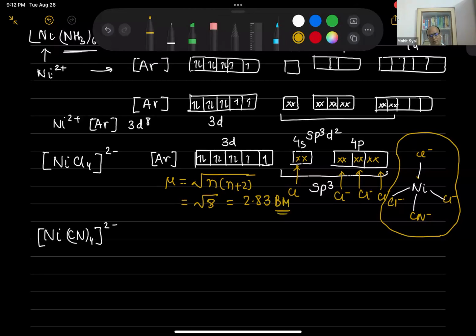So it is going to be 2.83. Bohr magneton is the unit. Got it?